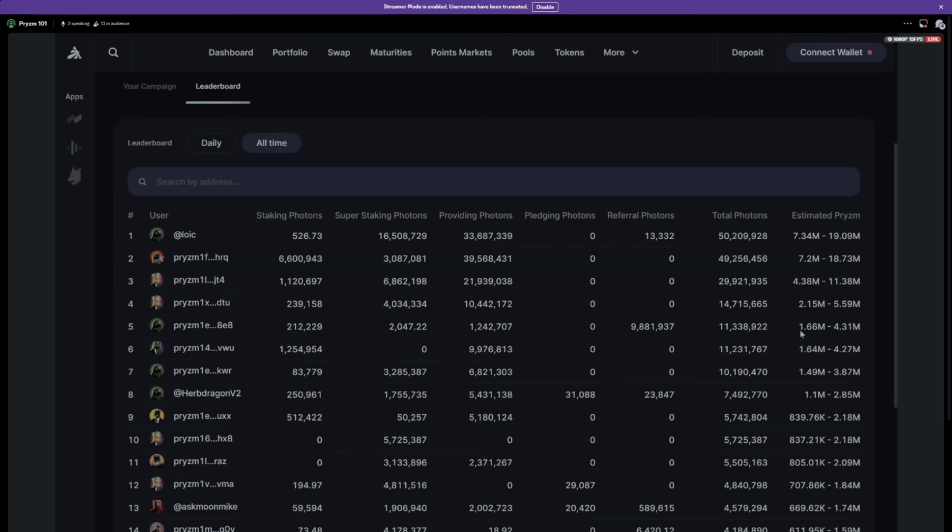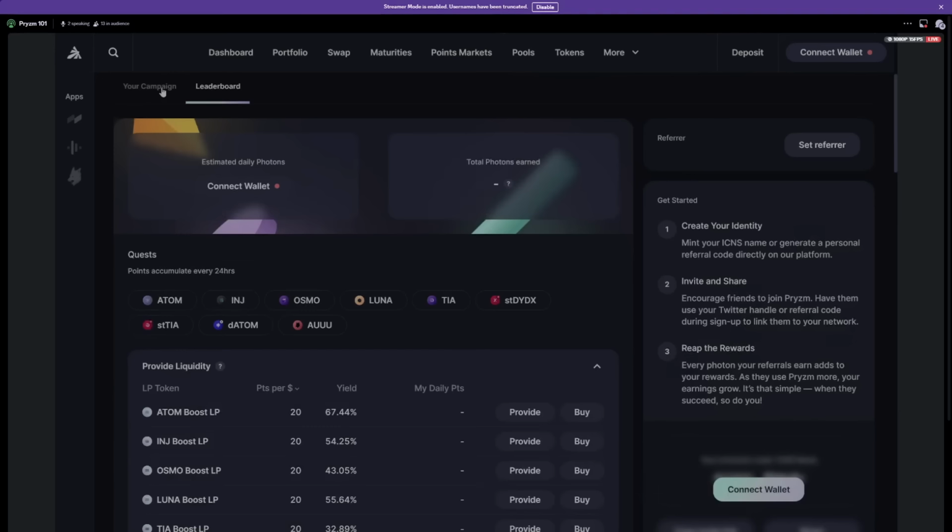So that shows you the power of doing referrals. It's super easy to generate a referral link or an ITNS name, which is basically just like your Twitter name. And that basically allows you to earn a lot of Pryzm tokens as a result, if that's what you'd like to do.